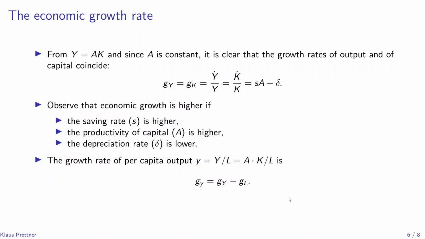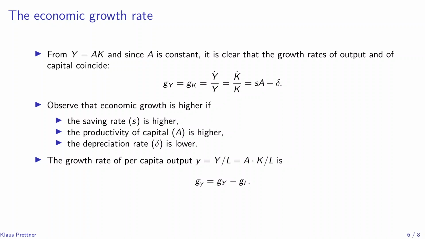So we note that in this case the economy can grow, or per capita GDP can grow, if capital is the limiting production factor and capital accumulation is faster than growth of the labor force. So in this case we would have a constant growth rate of per capita GDP and per capita income. So therefore the economy could grow.